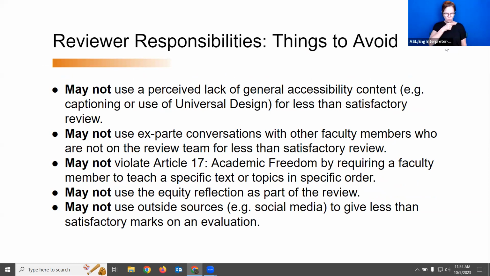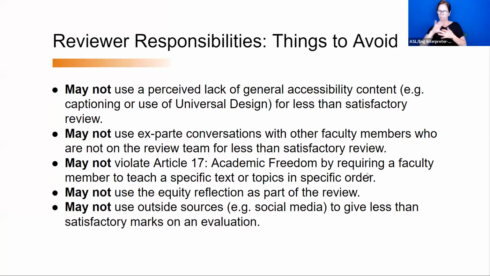Yes. So review responsibilities, things to avoid. You may not use a perceived lack of general accessibility content, captioning, or use of universal design for a less than satisfactory ranking on a review. You may not use ex parte conversations with other faculty members who are not on the review team for a less than satisfactory review. So it doesn't matter what I've heard about James from Rebecca, I'm not allowed to put it into the review.